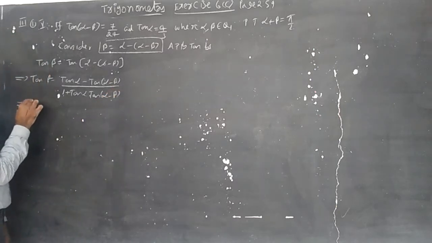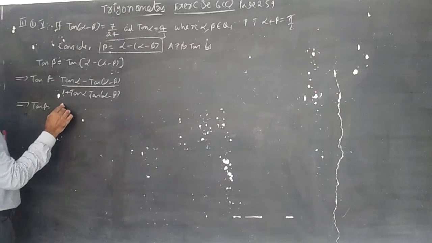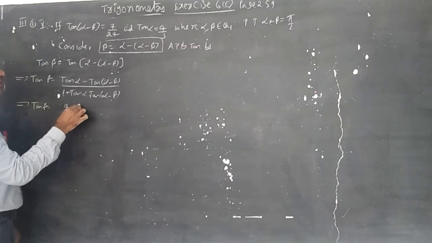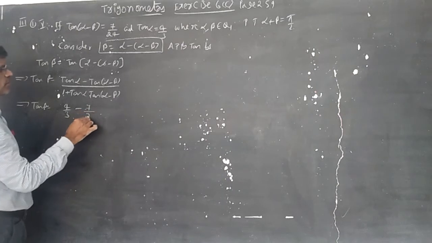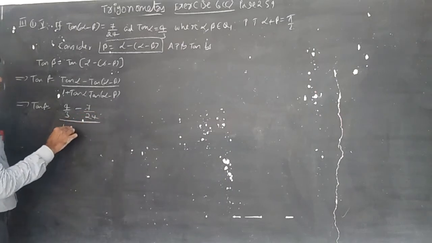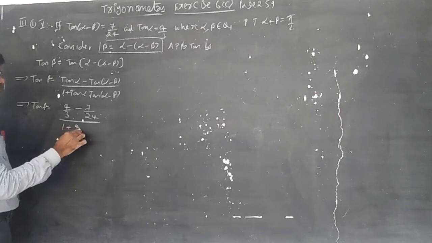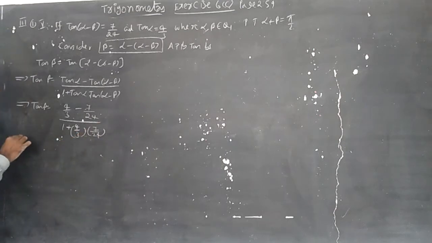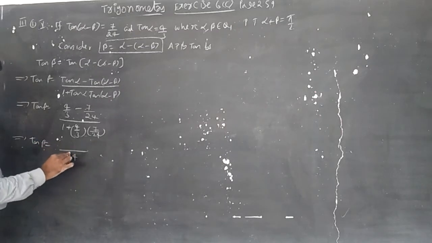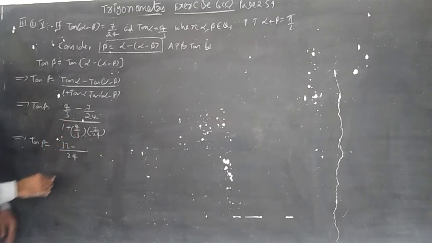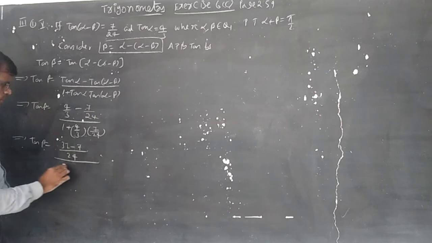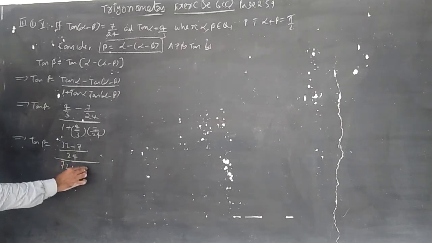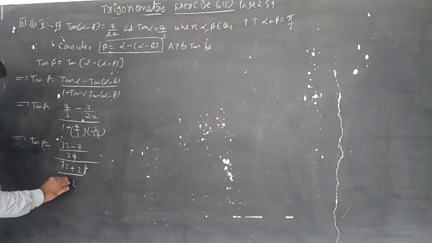That implies tan beta is equal to the value of tan alpha, 4 by 3, minus the value of tan of alpha minus beta, 7 by 24, and 1 plus 4 by 3 into 7 by 24. That implies tan beta is equal to, take an LCM, 24: this is 32 minus 7 whole by 72 plus 28 whole by 72.